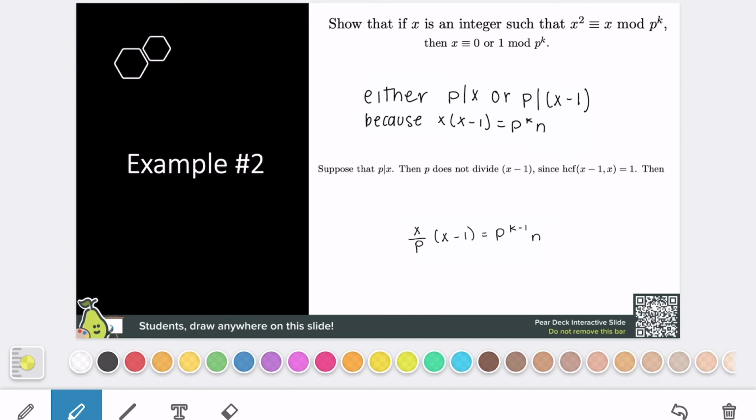Since the highest common factor of x minus 1 and x is equal to 1, either p divides x or p divides x minus 1. Suppose that p divides x, then p does not divide x minus 1.